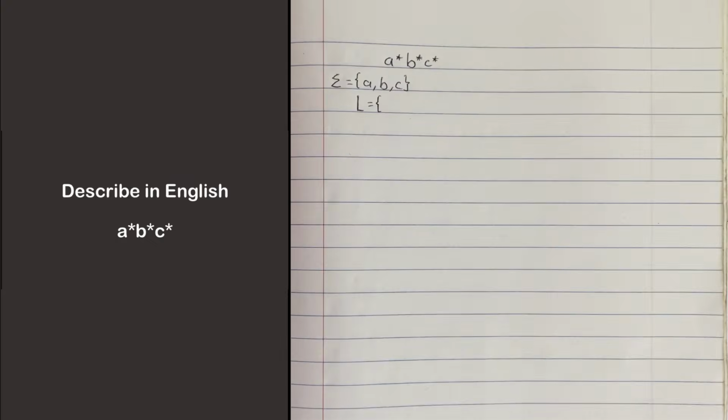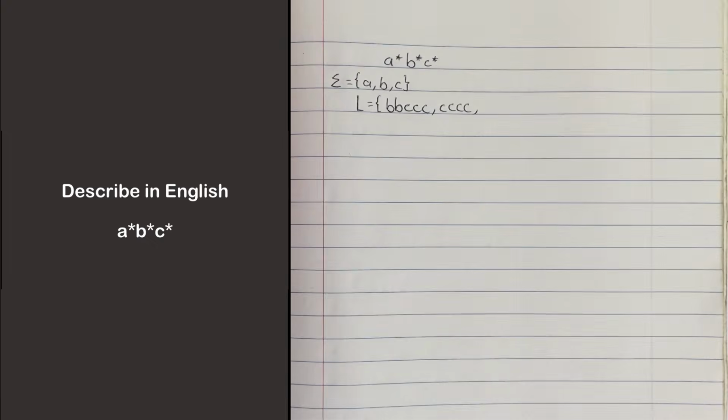So this implies that we cannot have C followed by B or B followed by A. As part of our language, we can have no A at all, followed by 2 B's, followed by 3 C's. We can have no A's or no B's, followed by 4 C's.